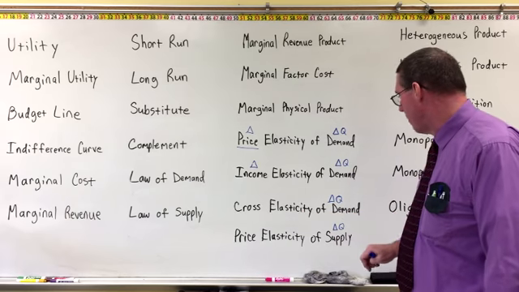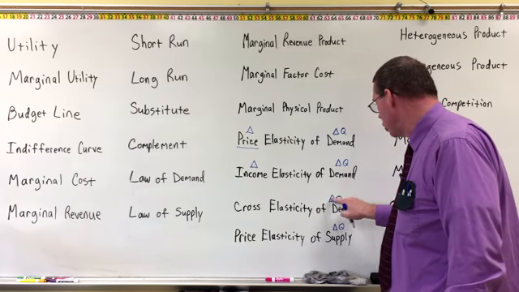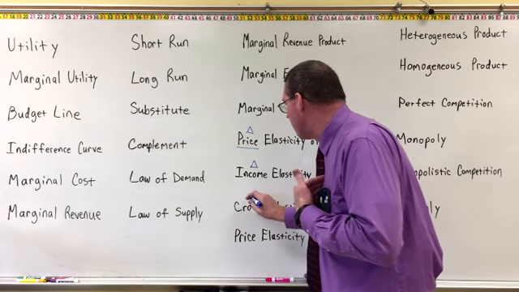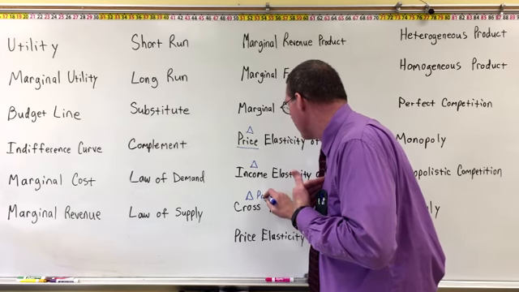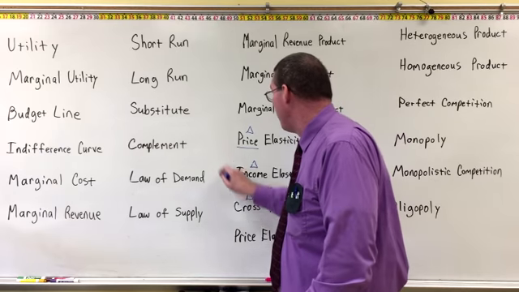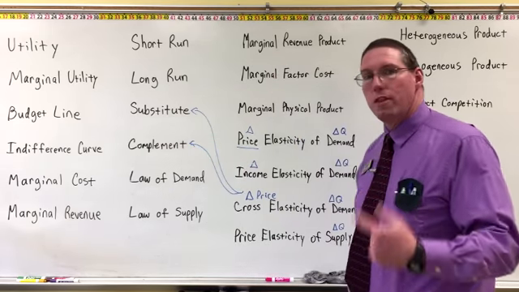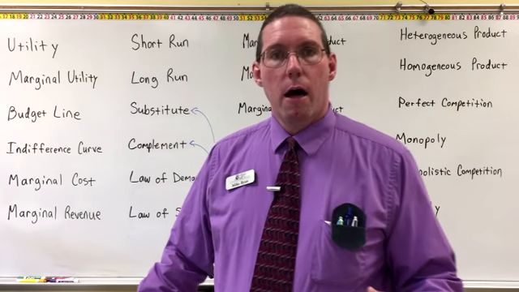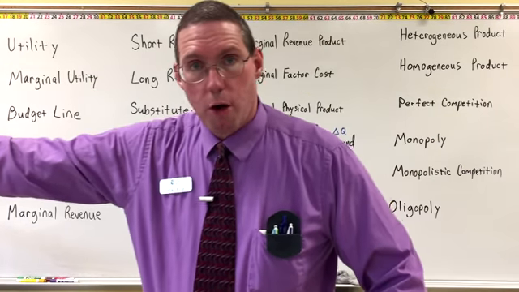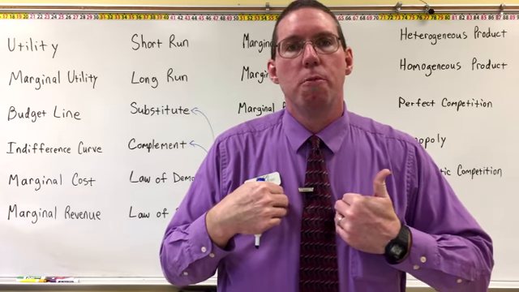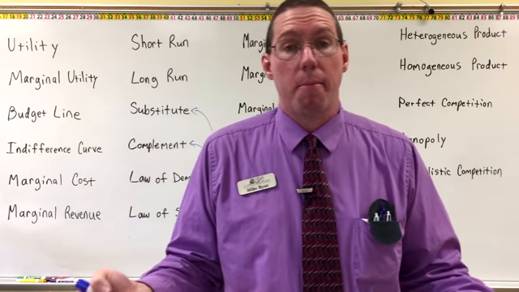Cross elasticity of demand is the sensitivity of the change in quantity demanded of our stuff when there is a change in price of related goods, complements and substitutes. So when the price of peanut butter goes up, what will happen to our jelly? How sensitive will people be to buying our jelly? Will they still buy the same amount of jelly?